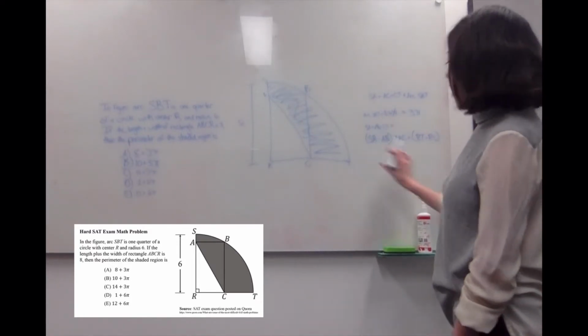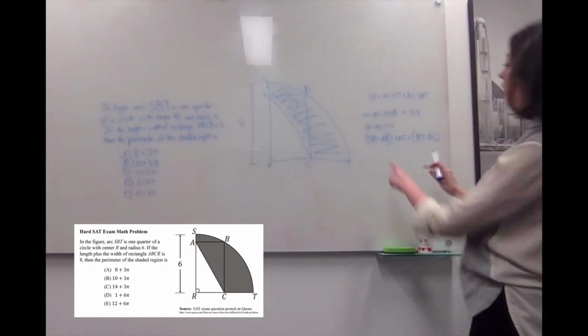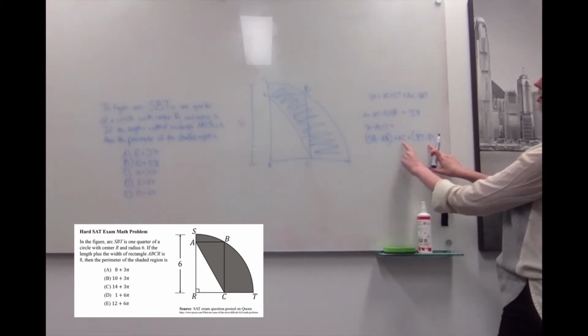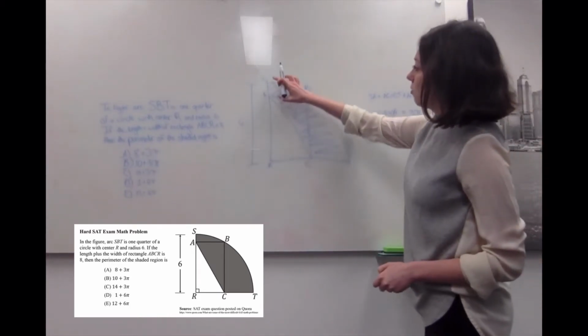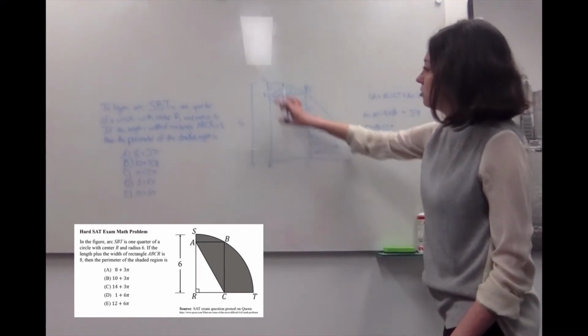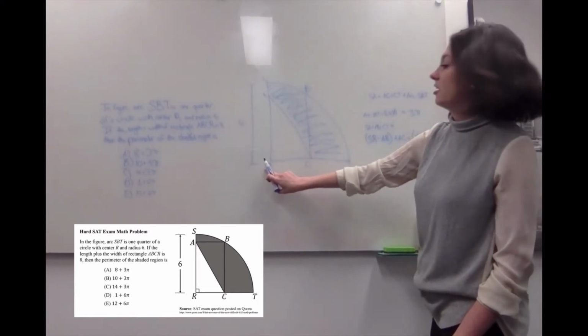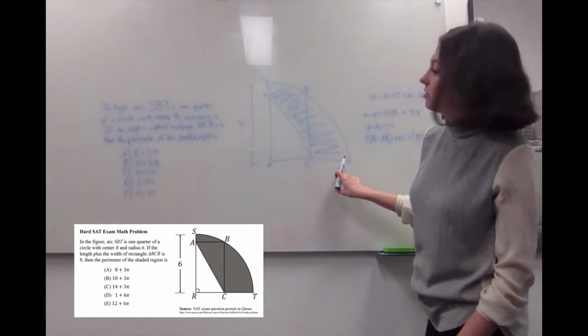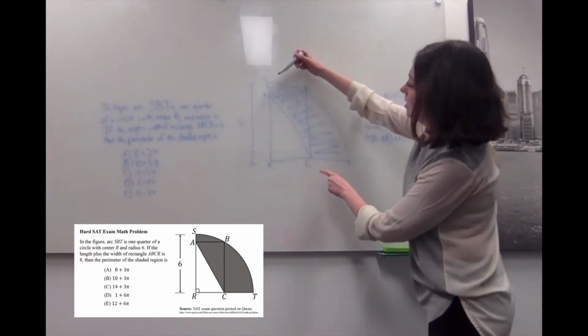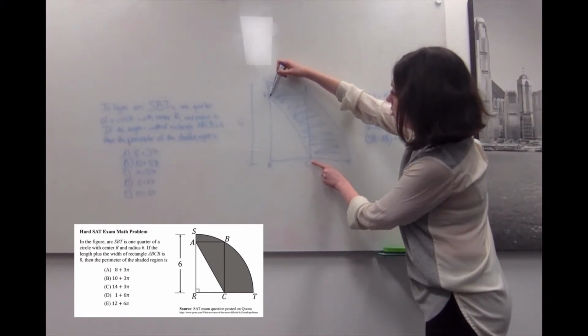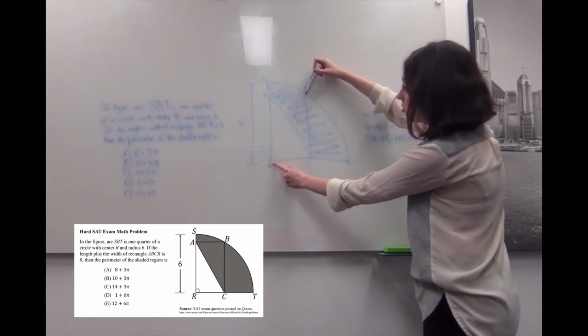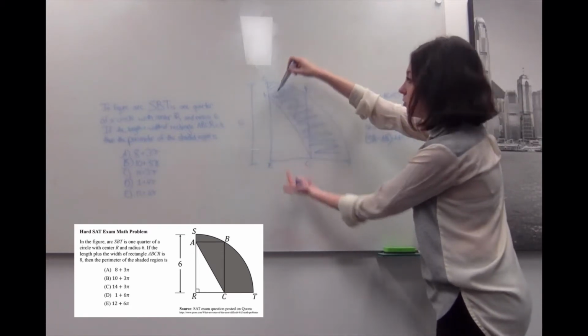So how is this going to help you? Well, it's because you actually know what the length of these three things are. So if you look, we remember that the radius is 6, right? So SR is equal to 6, RT is equal to 6, and sneakily, AC, which has the same length as RB, which is a radius, is also equal to 6.